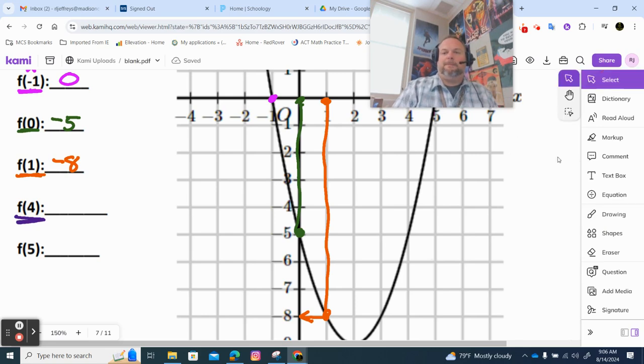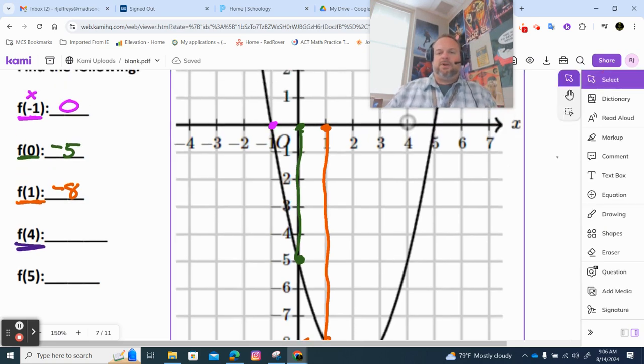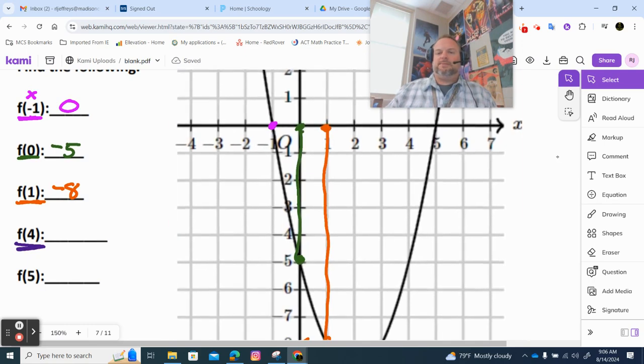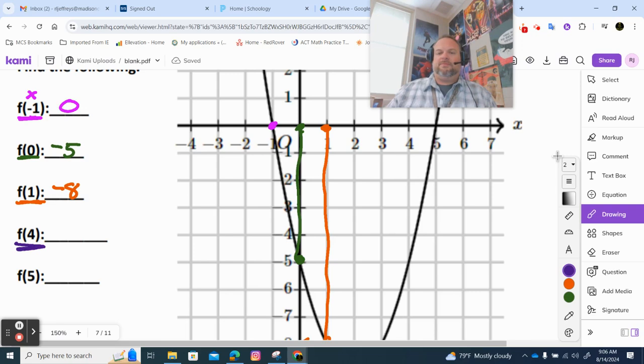F of 4. So 4 is right here. Looks like I got to go down again. All right. Now, it's not really close to see what that y value is, so I might have to go over. All right. Guess what? Yep.